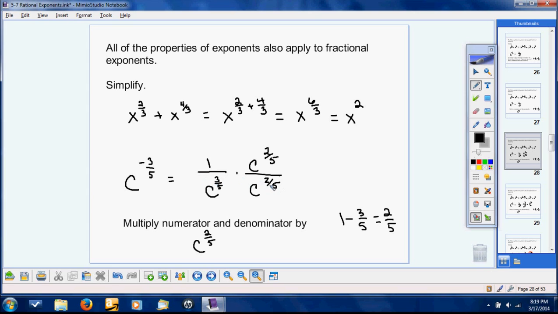So we're taking 3/5 and 2/5, that makes 1. So this down here is just c to the 1st power. The numerator, 1 times c to the 2/5 equals c to the 2/5. Okay, here's our 2/5. You add these, you get 1, and here we get c to the 2/5.